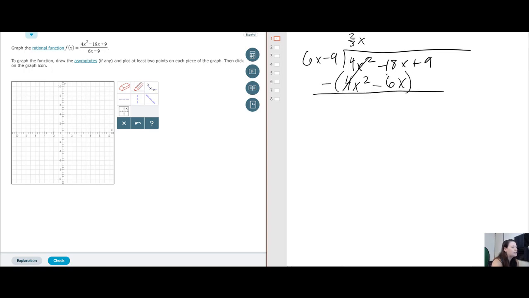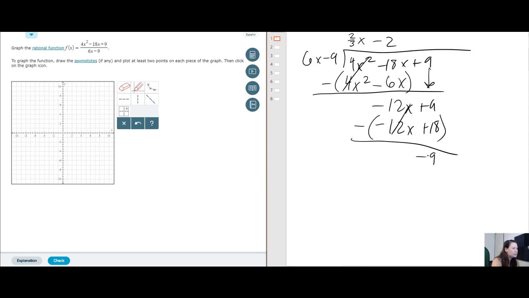Subtract, so these cancel. Negative 18x minus minus, so plus 6x is negative 12x, plus 9 drops down. 6x to negative 12x needs a negative 2. So that would be negative 12x plus 18, and subtract, these cancel. 9 minus 18 is negative 9.